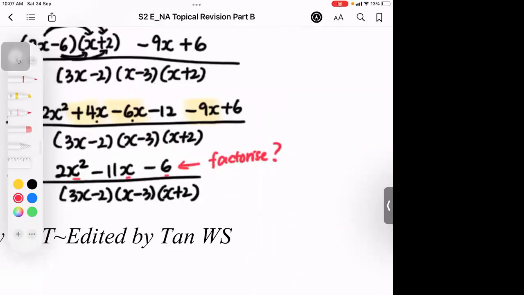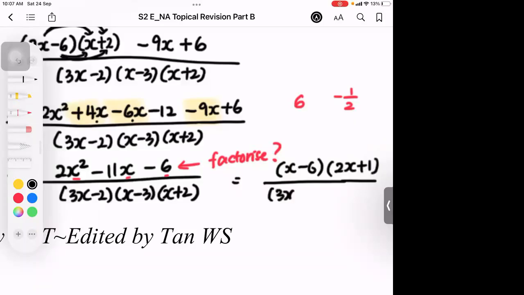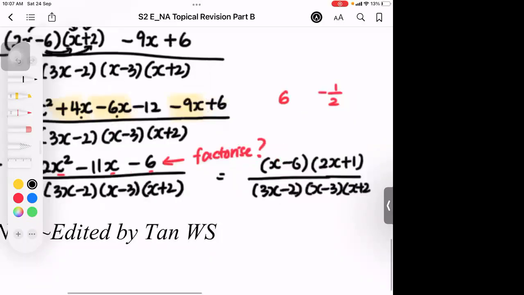Okay, my calculator tells me the first one, I got 6 and then I got a negative half. That means for this question, I need to factorize my numerator: x minus 6. The other one, negative half, so it's 2x plus 1. Then 3x minus 2, x minus 3, x plus 2. Answer.